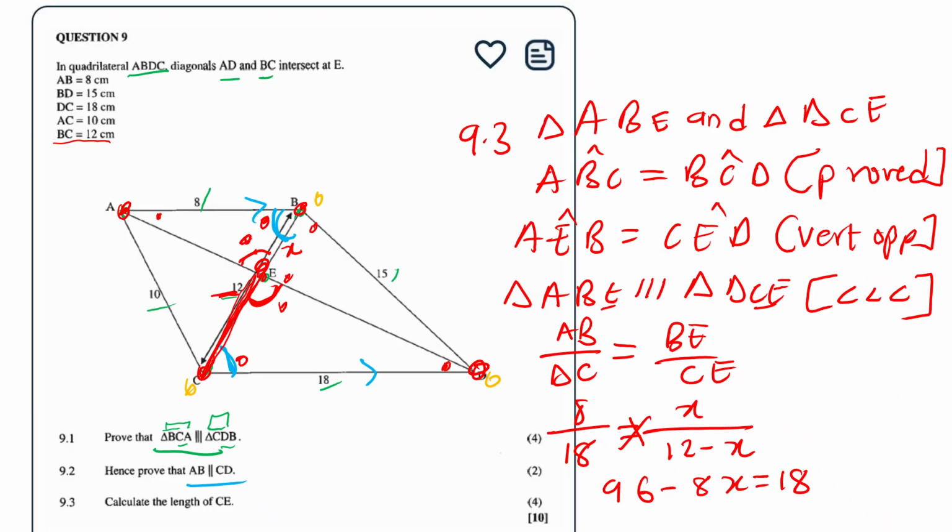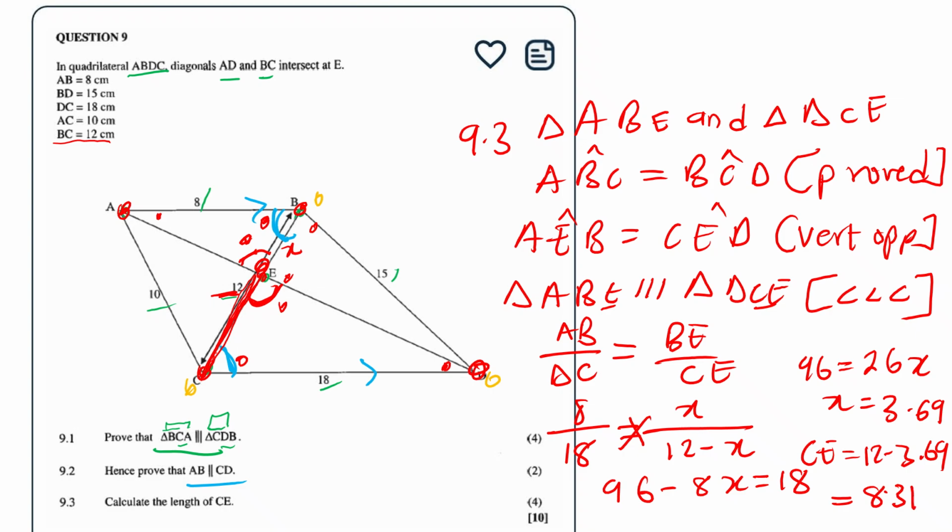Therefore, now your 96, it is equal to 26x. Therefore, now x, it is equal to 3.69. Therefore, now your CE, which is 12 minus x, it is 12 minus 3.69, which is equal to 8.31. Very good.